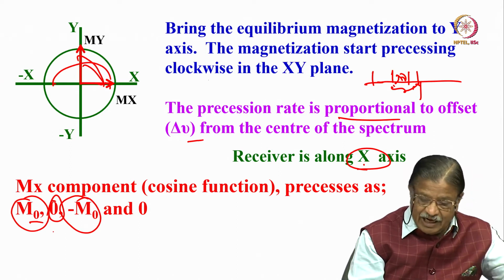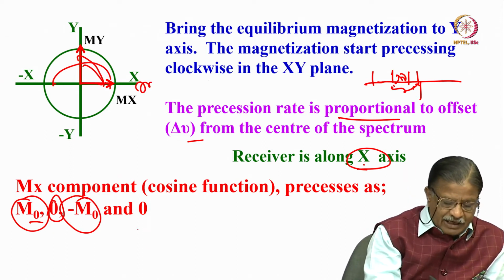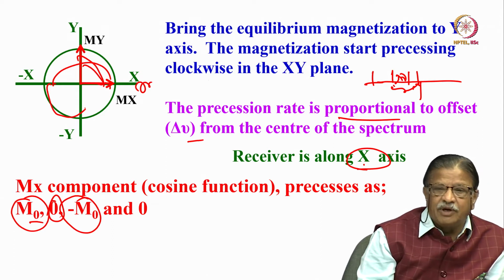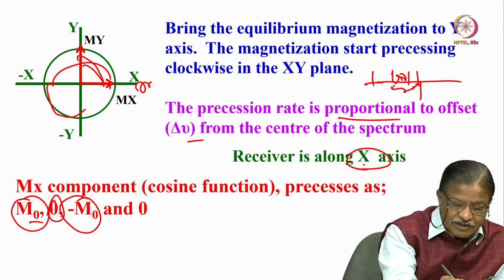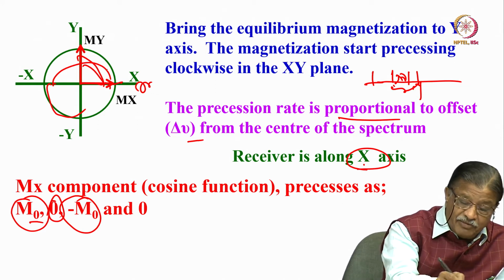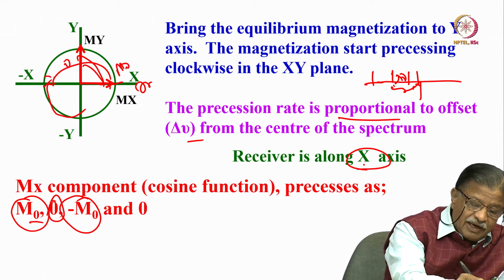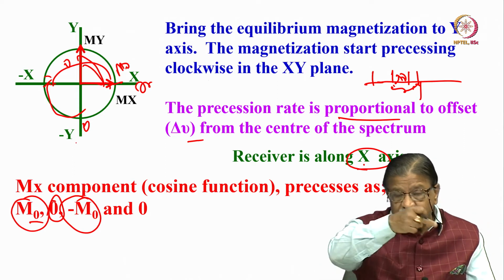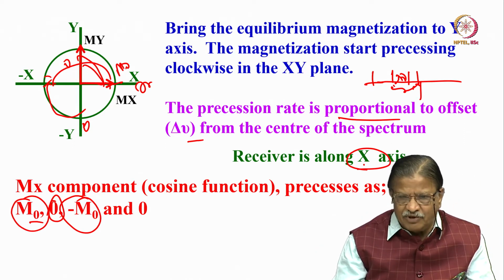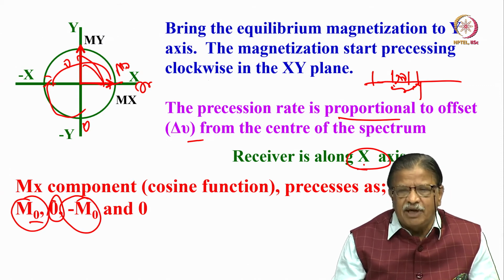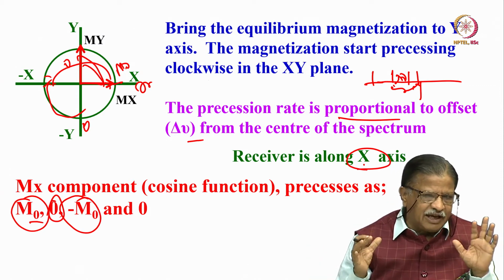The magnetization will be negative because your receiver is here, and then it goes further and becomes 0. Very interesting. You see what is going to happen? M0 here maximum, 0, minus M0, and then 0. It goes through one full rotation in the xy plane. This is what happens to the cosine part. What happens to the sine part? You can very easily extrapolate this.